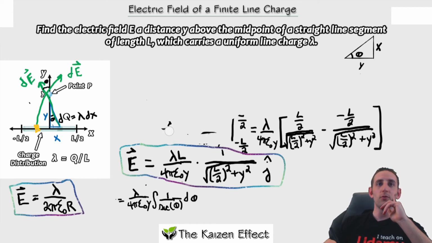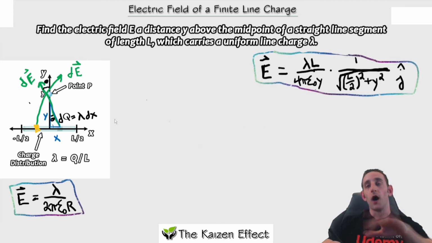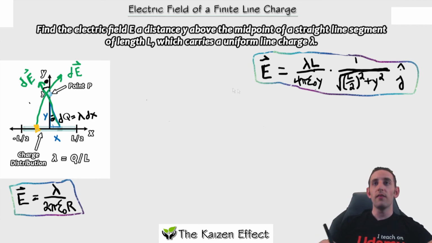So I'm going to create some board space here. And then we're going to assess different situations using this result that we've obtained. All right, so you know what? This looks sort of similar to the result we got for an infinite line charge using that beautiful Gauss's law. Can we use this to check our result?